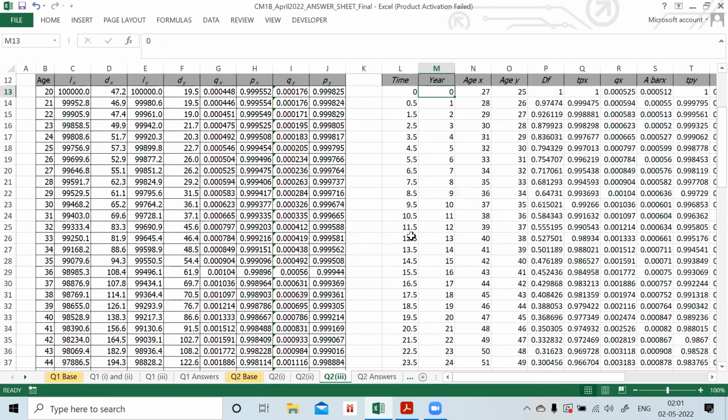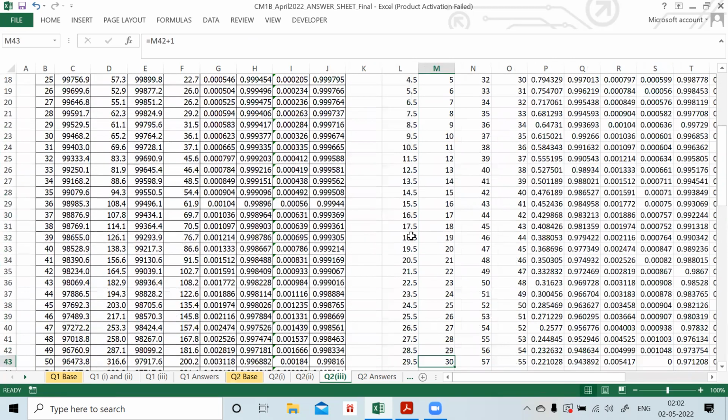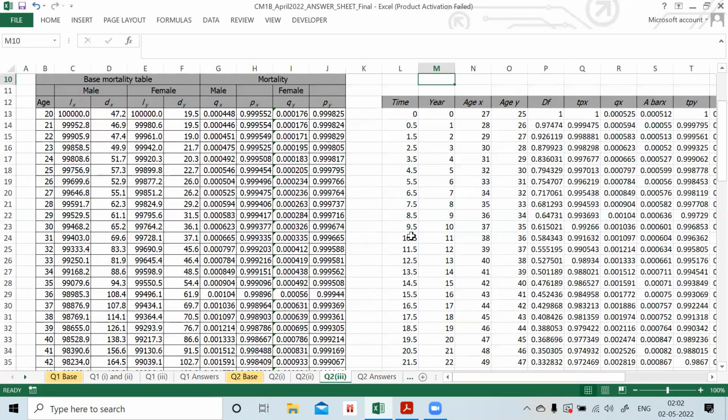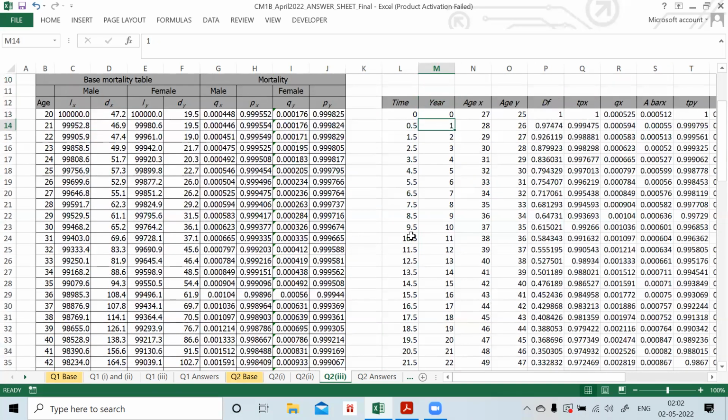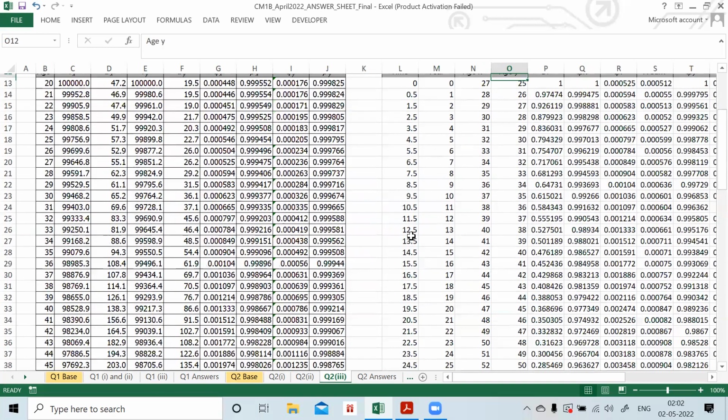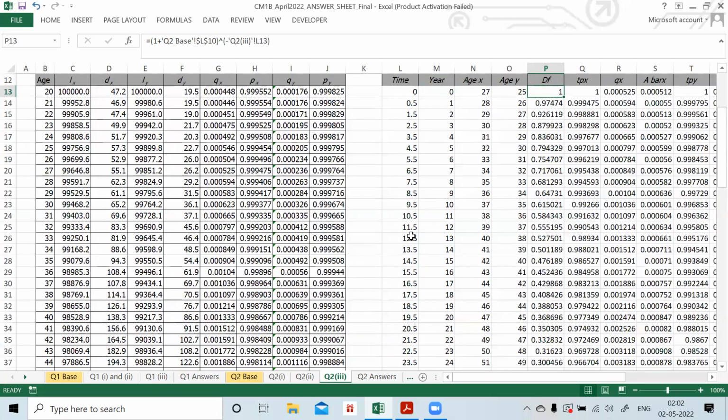Here you can see 0, 1, 2 if you want to specify here, otherwise it's not required. Then we have age for male starting from 27 and age for Y starting from 25 till 55.